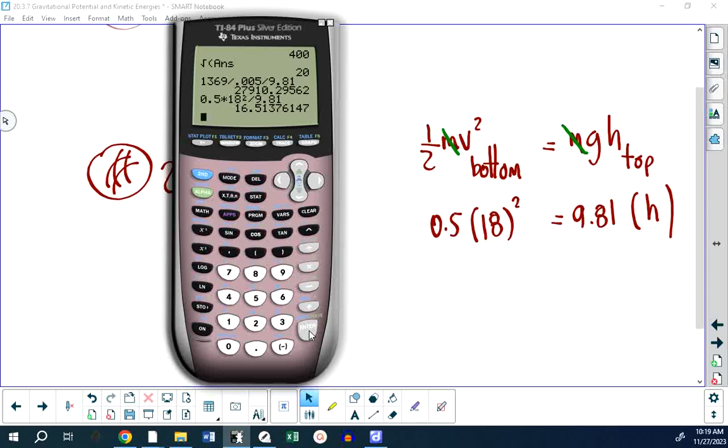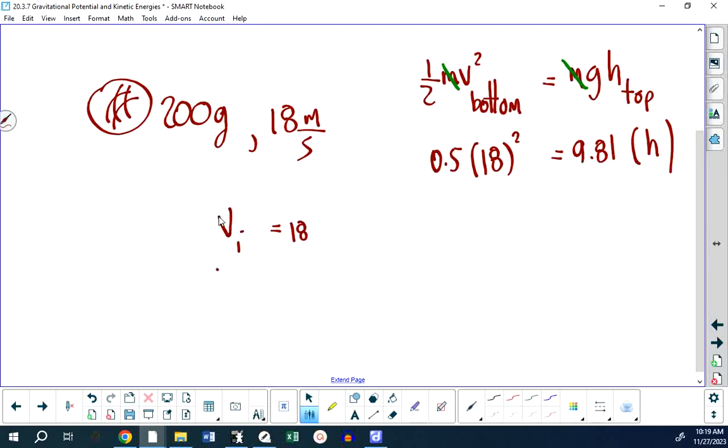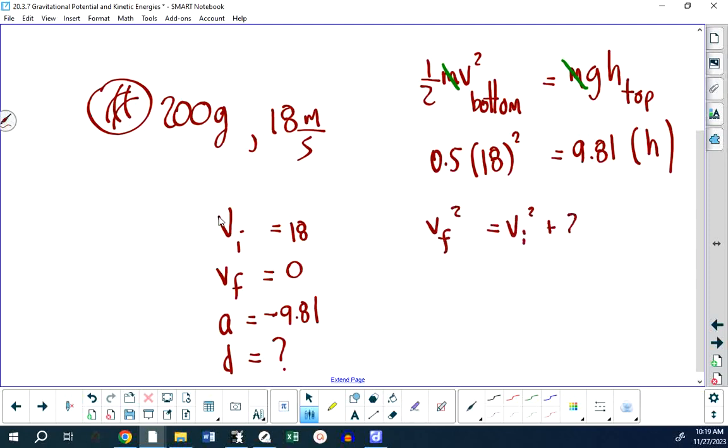But could we have done this? Could we have approached it from a kinematic standpoint? Yes, and you would have written Vf squared equals Vi squared plus 2AD.